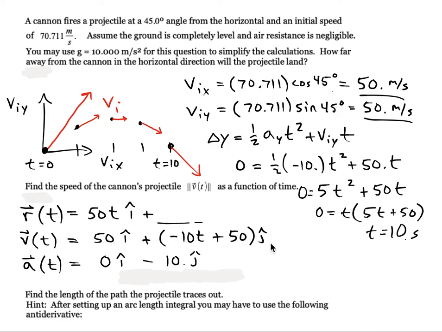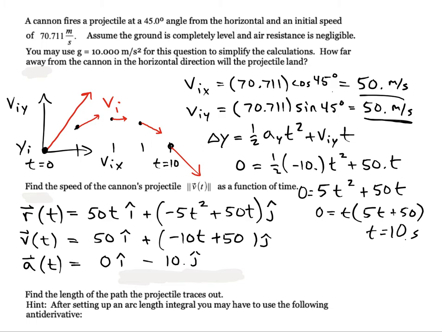Then you'd integrate one more time to get the position, and it would be negative 5t squared plus 50t plus some initial yi. But yi is ground level. It's 0, so we don't need that.